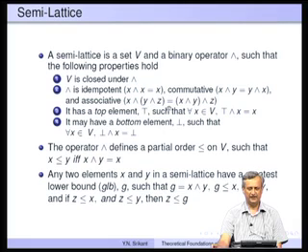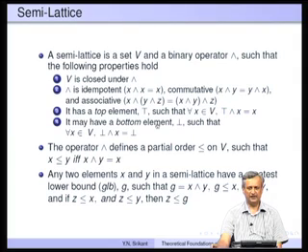So, x meet y meet z: we are associating y and z first and then with x, and the answer you get will be the same as when you associate x and y first and then with z. So, idempotency, commutativity and associativity are all true for this set and the binary operator meet.